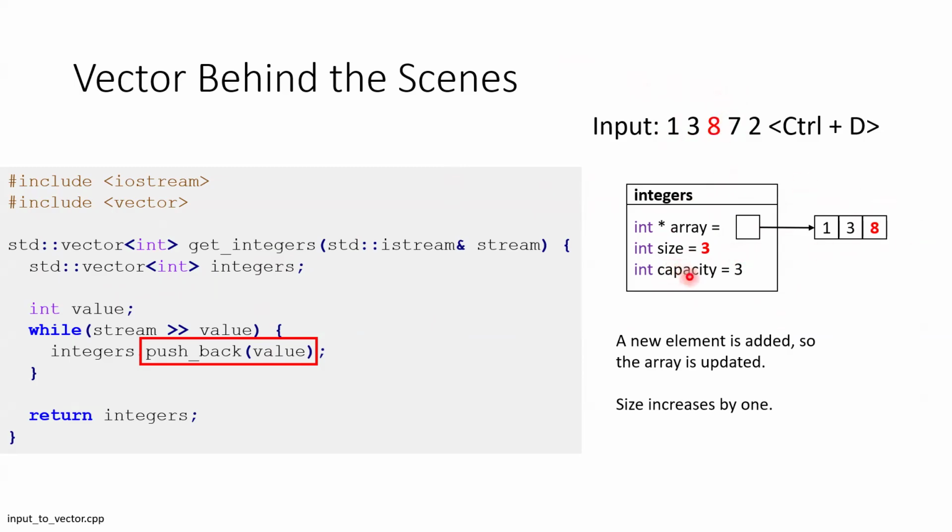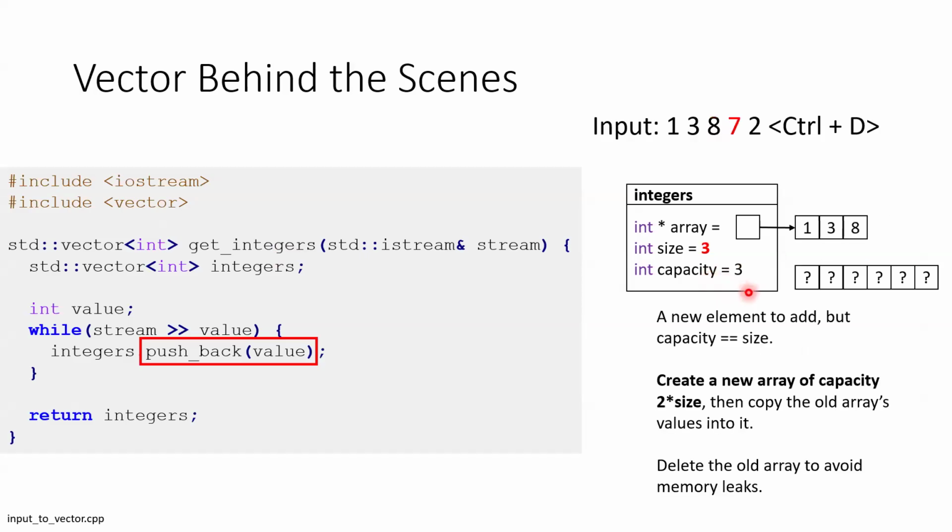Then at the fourth push_back, we are exceeding the capacity of 3. So what vector does is that it creates a new array of size capacity times 2, 2 times size. So now we have an empty array of 6 elements. It copies all 3 elements into the new array.